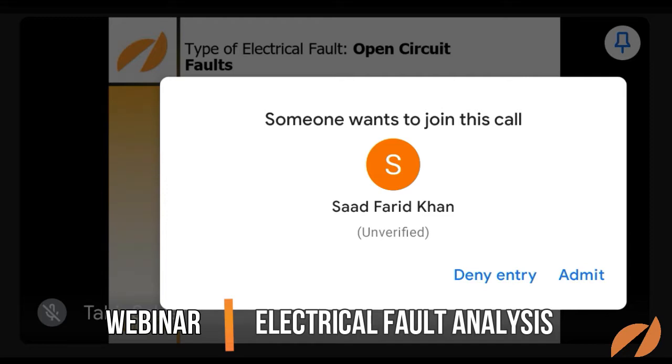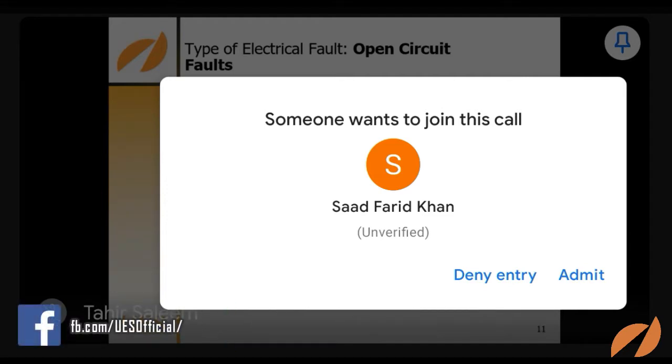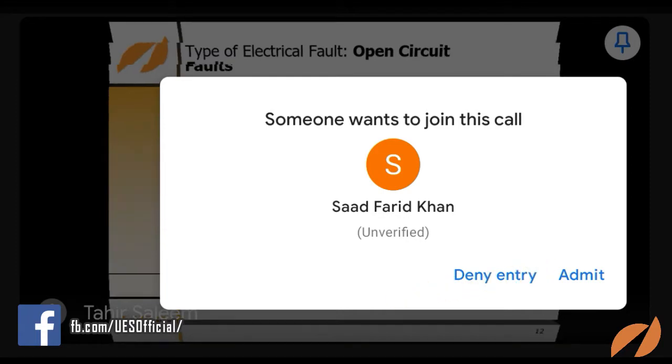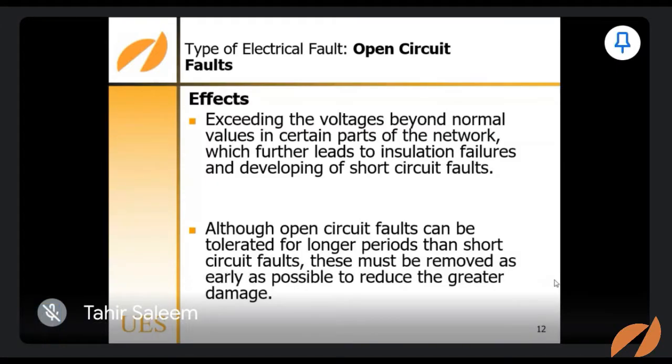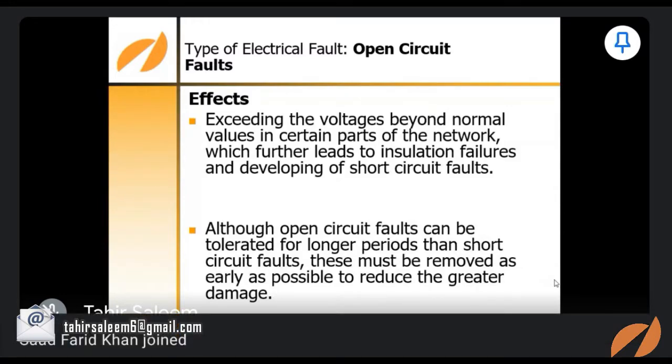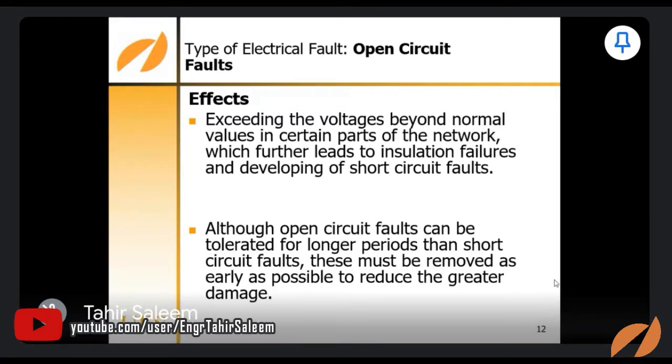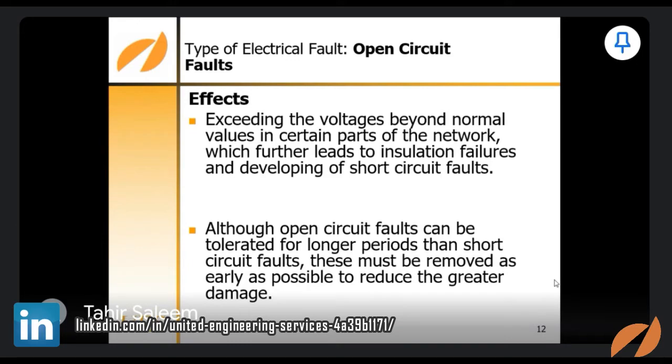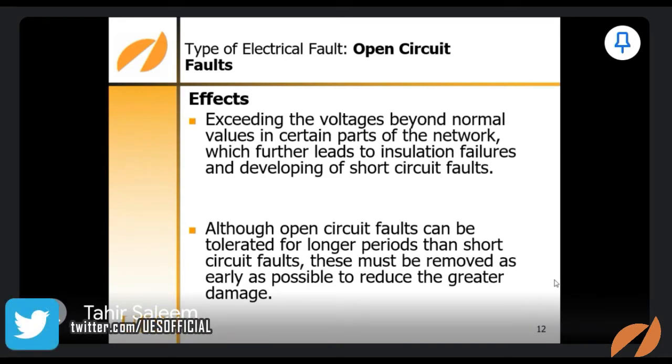A broken conductor and malfunction of the circuit breaker affect the normal operation of the system. You know, as an electrical engineer, exceeding the voltage beyond normal values in certain parts of the network further leads to insulation failure and development of a short circuit. As per the IEEE code, this exceeded voltage should not be more than 0.8 of your phase-to-phase voltage in earthing faults.